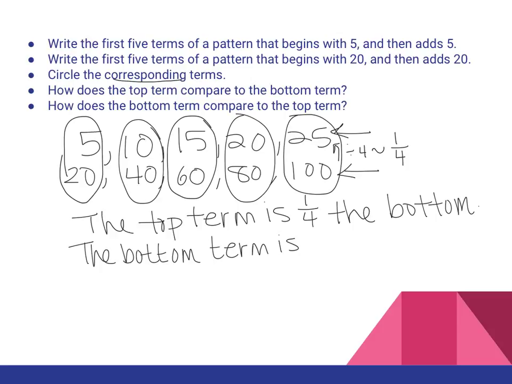The bottom is 4 times as great as the top term. So again, I just want to repeat, if you're asked how does the top term compare to the bottom term, your sentence should start with the top term is, and then say how that mathematically compares to the other term.